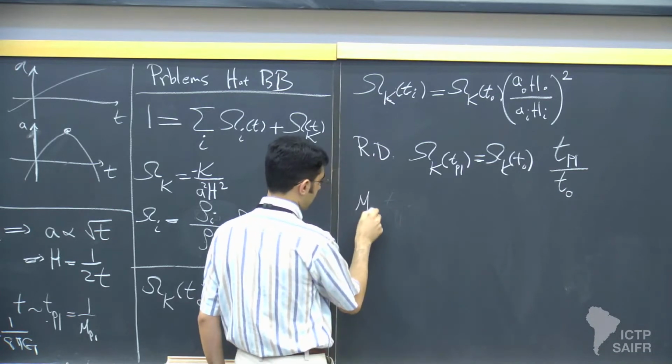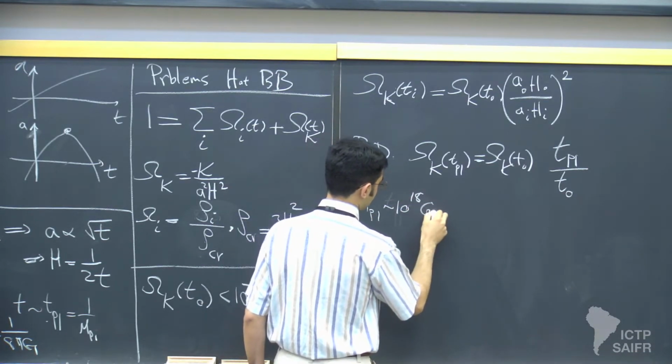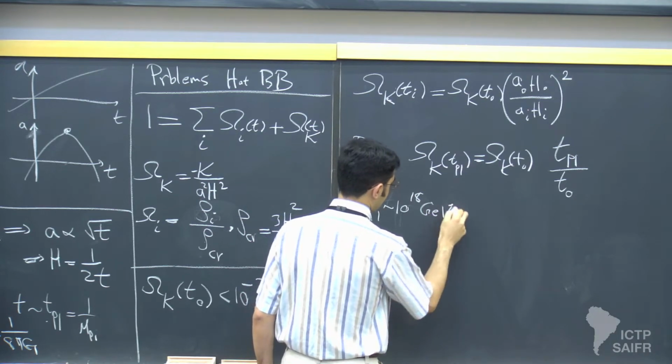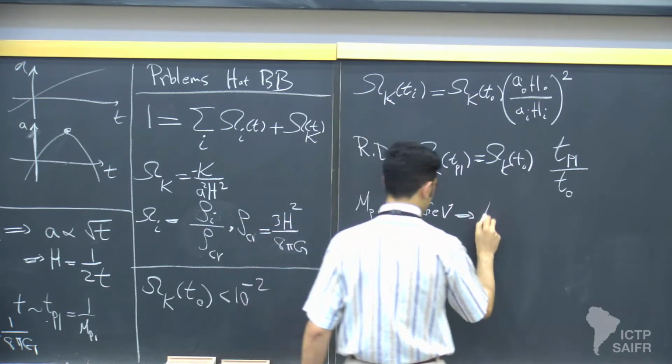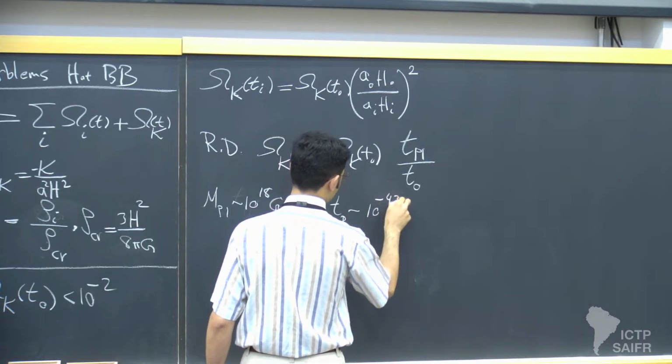M Planck is of order 10 to the 18 or 19 GeV, and then t Planck is of order 10 to the minus 43 seconds.